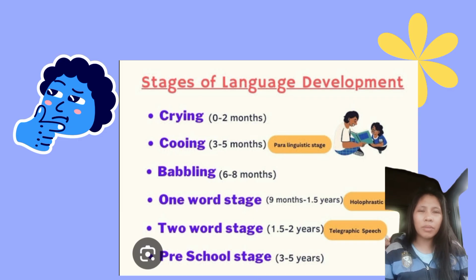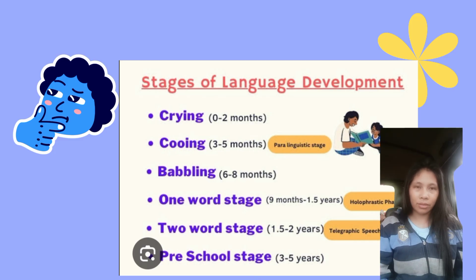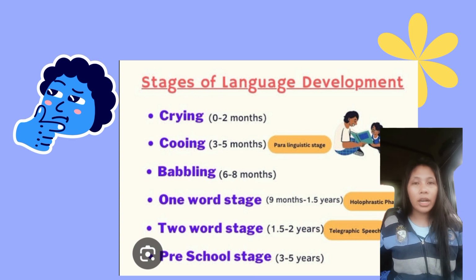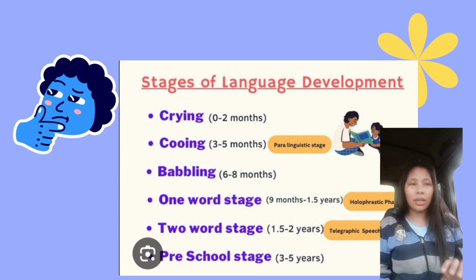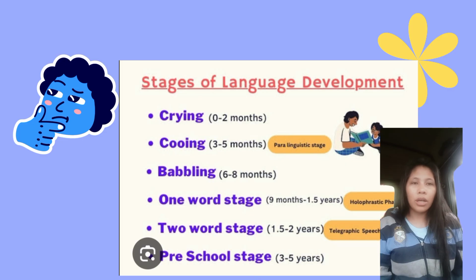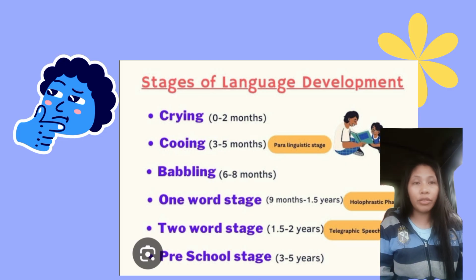Sometimes the baby will say one word but with a lot of meaning, for the caretaker, I mean, like the mother, the father, or the sisters and brothers, the elder ones. Overextension and underextension of word meanings are common.